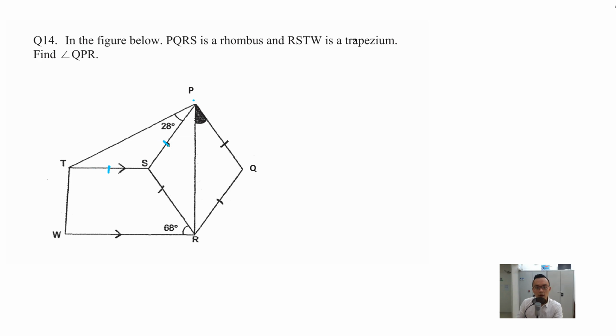These two are the same, so if this is 28 degrees, this is also 28 degrees, and I can find angle S. Angle PST equals 180 minus 28 equals 124 degrees.